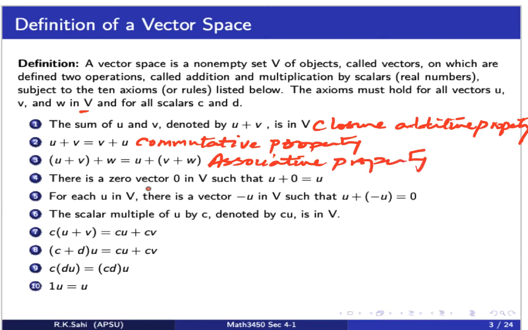Now, then we have a zero vector in V, the capital V, such that when I add the zero vector to any vector in the non-empty set V, we get the element back itself. So this zero is the additive identity.